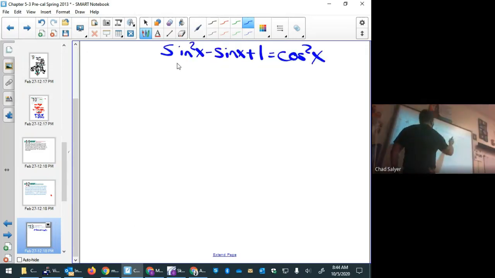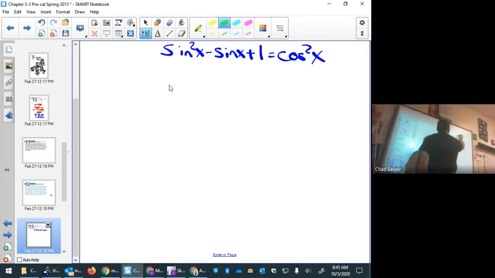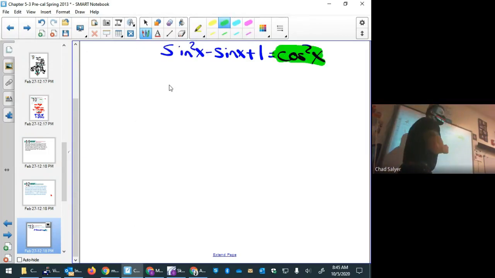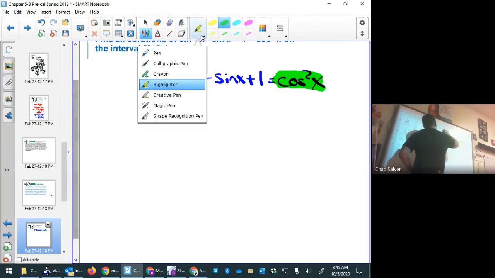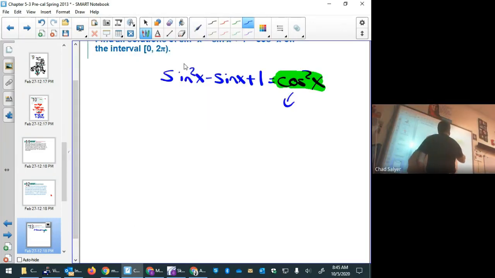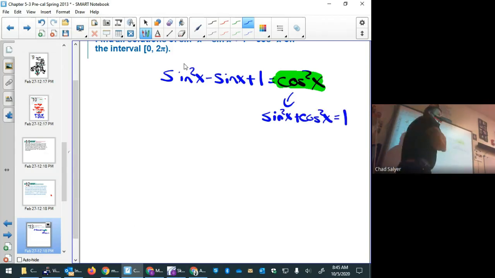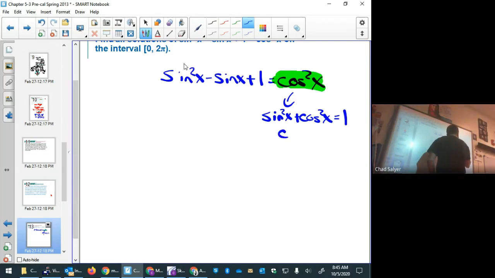So this term will be easy to rewrite as sine. And then we can solve it using the techniques we already know. So I know that sine squared x plus cosine squared x equals 1. That's the Pythagorean identity. And if I subtract sine squared x from each side, I get this.